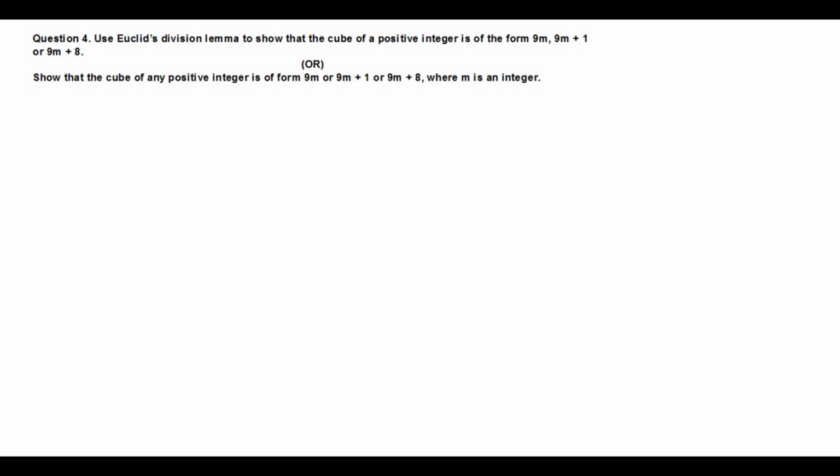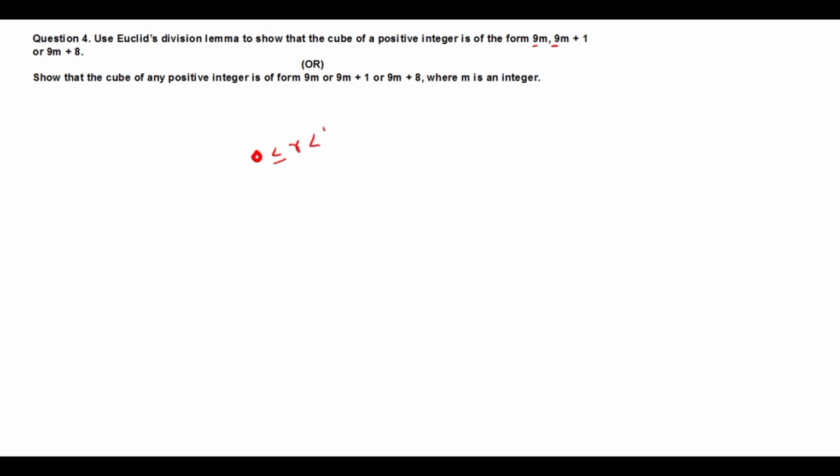Question number 4: use Euclid's division lemma to show that the cube of a positive integer is of the form 9m, 9m plus 1 or 9m plus 8. You can observe that the divisor here is 9. As per the Euclid division lemma rule, the remainder r satisfies 0 less than or equal to r less than b.